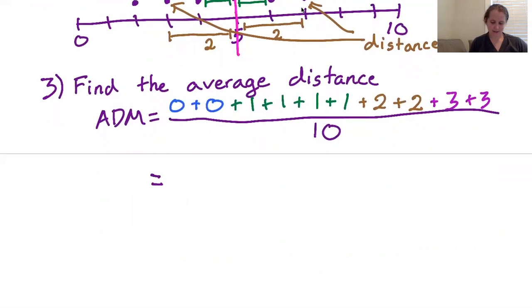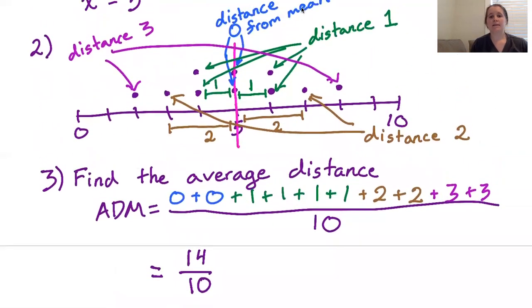All right, so we have 4 plus 4 plus 6 is 14 divided by 10. So our average distance from the mean is 1.4. So the ADM is 1.4.